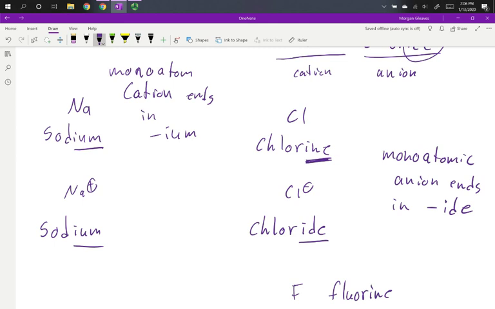By the time we figured out how to make them, everyone just called them sodium or potassium, and so it was decided rather than make up a new name, we just called them sodium metal to tell people that it wasn't a sodium ion, it was the neutral form. And that is still true to this day. So while IUM is the technical ending for cations, it won't really make much of a difference for most of what we do.